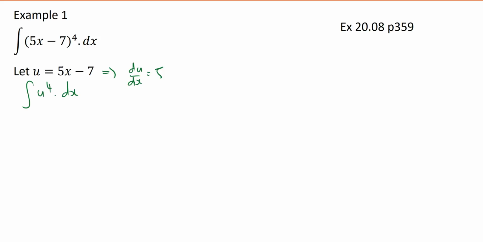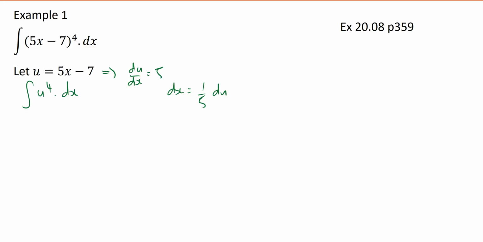Now, if du and dx were just like constants, could you rearrange that formula to make dx the subject? So in other words, dx equals a fifth of du. Everyone see that?